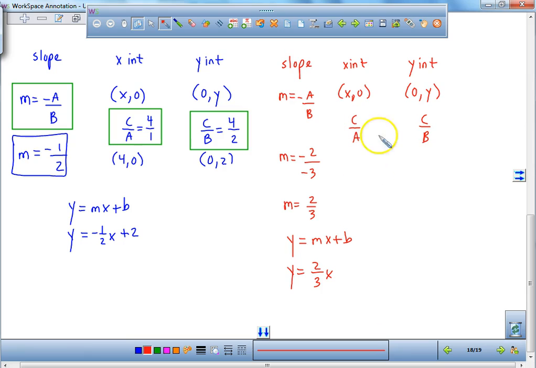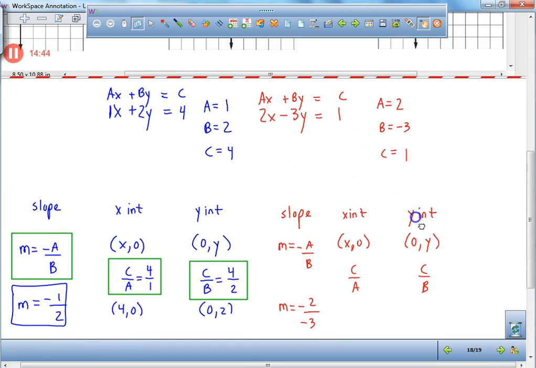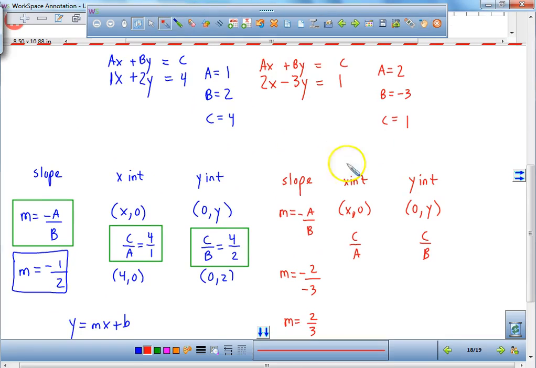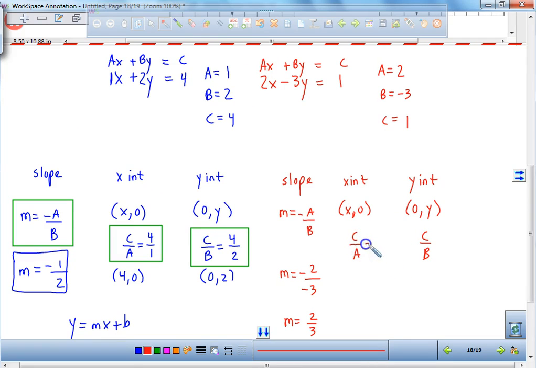Okay, x-intercept. C over A. What's our C value? 1. So put 1 over, what's our A value? 2. So my x-intercept is going to be at 0.5 comma 0. All right, y-intercept. C over B, right? 1 over negative 3, that's okay.